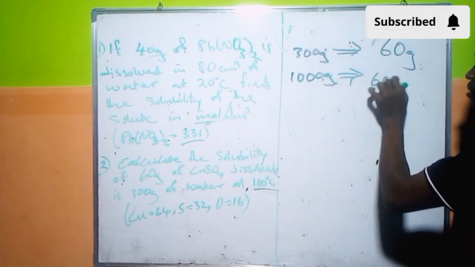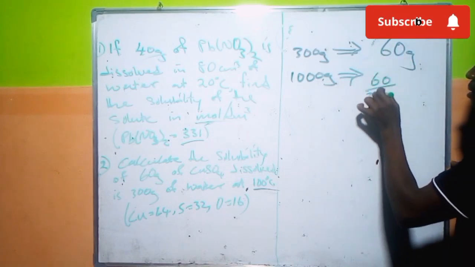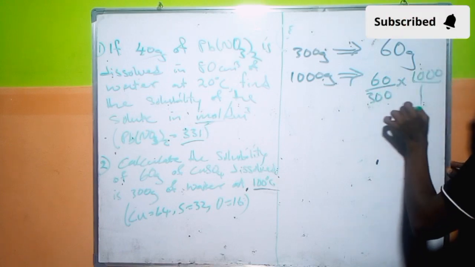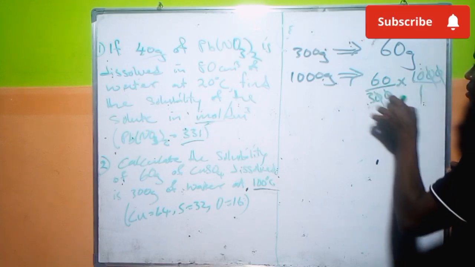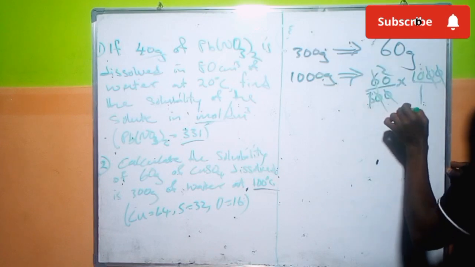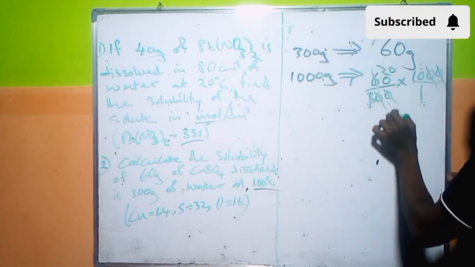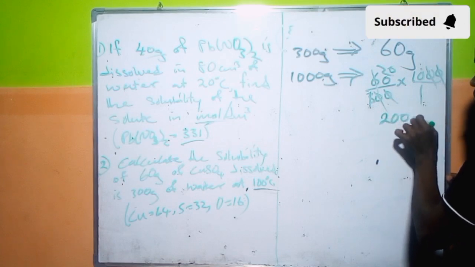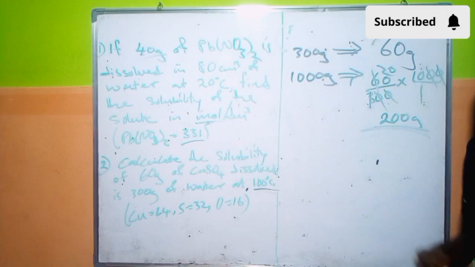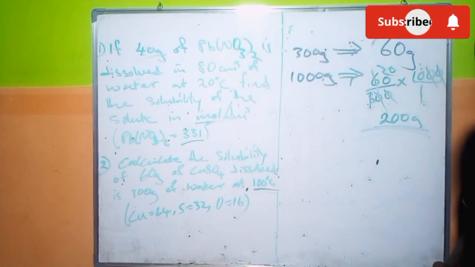We have it to be 60 over 300, this one will go there. This one here we have to multiply. 20 multiply, we have what? 200 grams. That's the mass of copper sulfate that will dissolve in 1,000 grams of water.